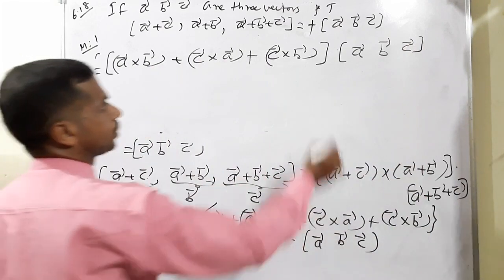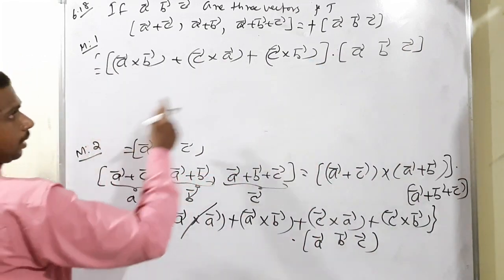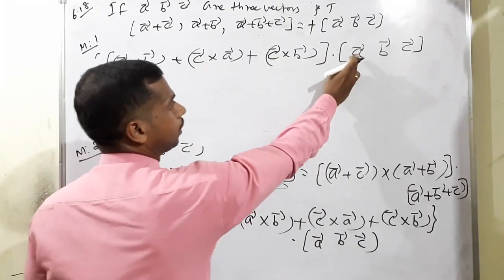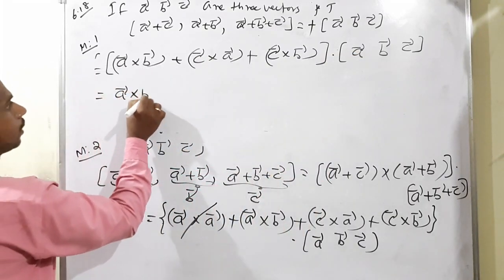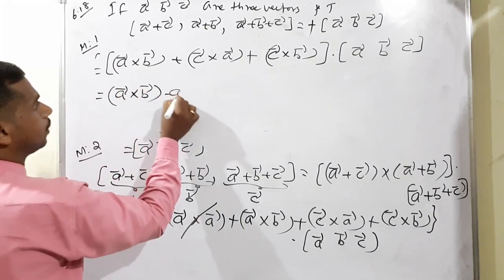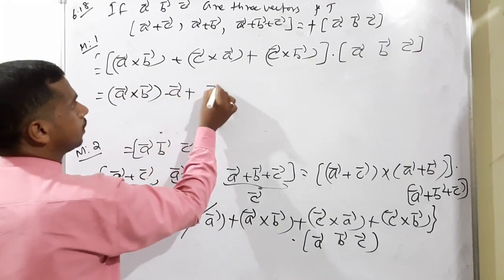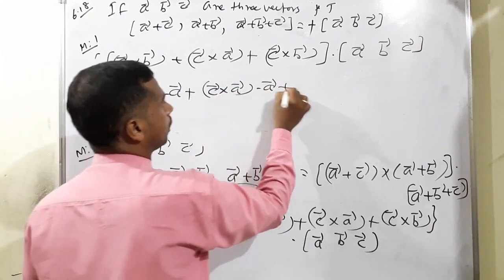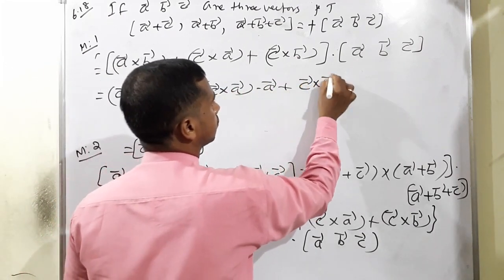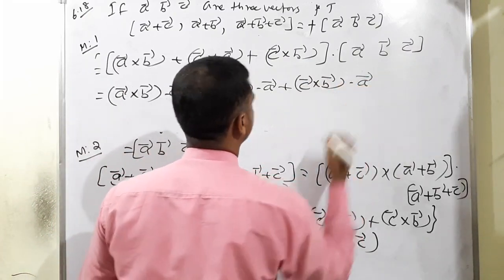Each and every time, first the cross, then the dot, isn't it? So each time the inside term is multiplied with the dot of A. Therefore, A vector cross B vector dot A vector, plus C vector cross A vector dot A vector, plus C vector cross B vector dot A vector.